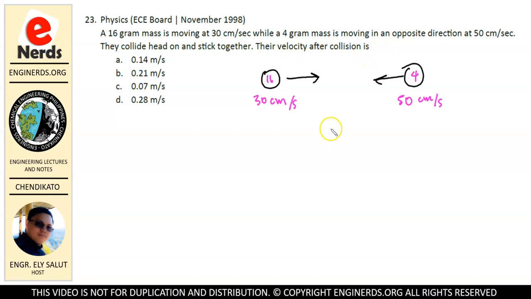So it is clear here that when they collided, they stuck together. So whatever direction they were moving in, they are now together. What we are asked is, what is their velocity after they stick together, after the collision. Okay, so what we will use here is what we learned in physics. We already have an equation for this, so we will not explain too much. We have the initial momentum. Okay? Initial momentum will be equal to the final momentum.